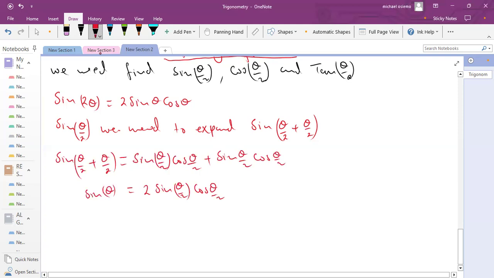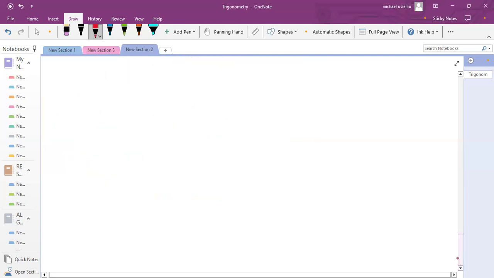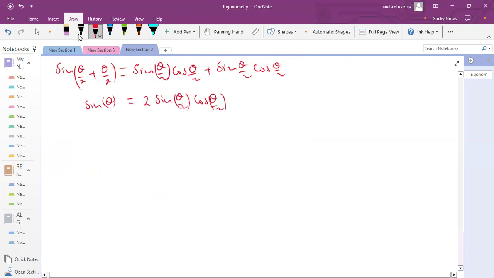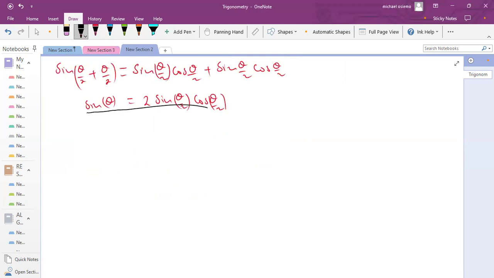But I don't want us to use this expression. Let us apply the double angle formula for cos to get another expression, whereby you make sin theta over 2 the subject.